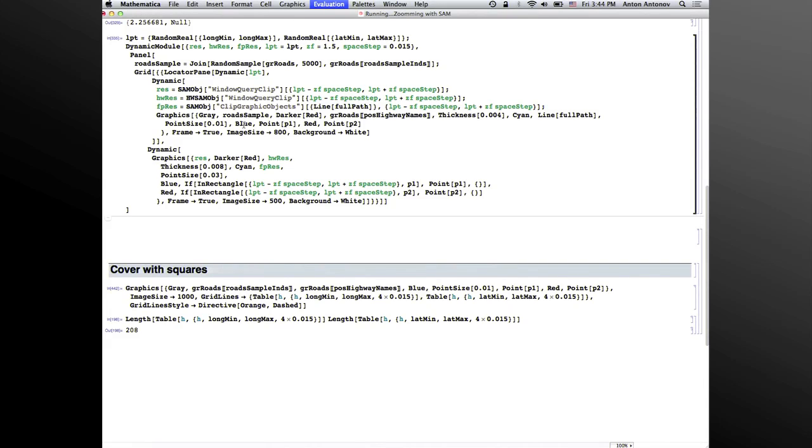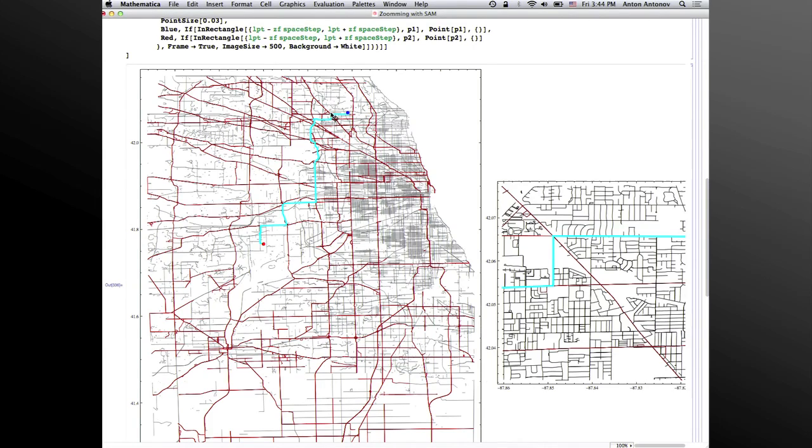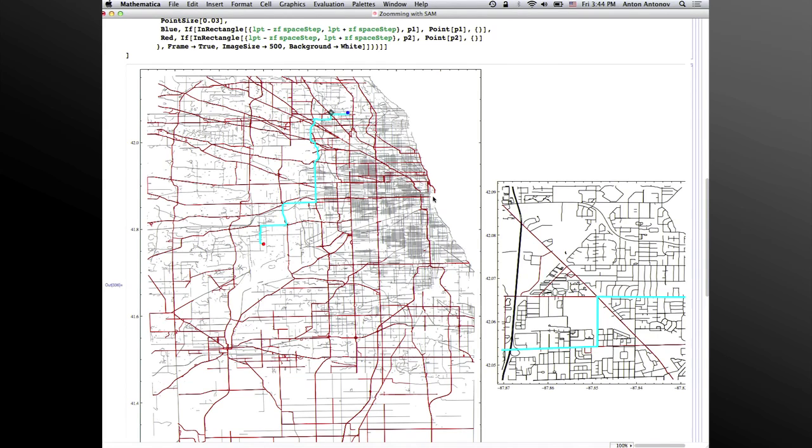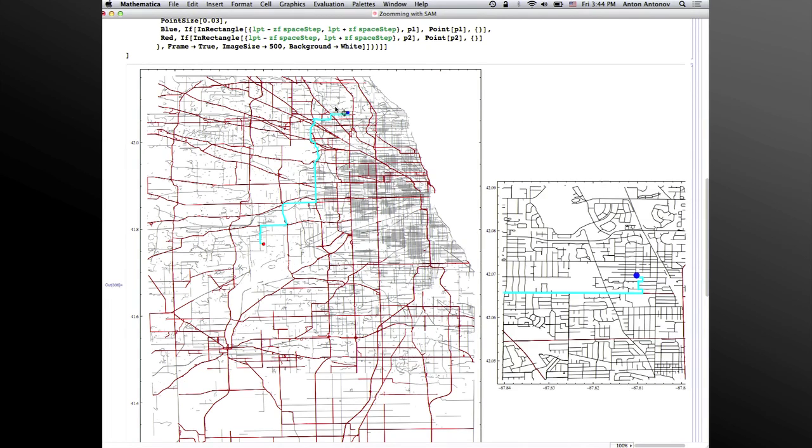So basically, this is my destination in blue. Sorry, the destination is in red, and this is my origin in blue. You can see that the person has to drive to this major road here first, and I have sampled a region around the origin and found the shortest path around it.